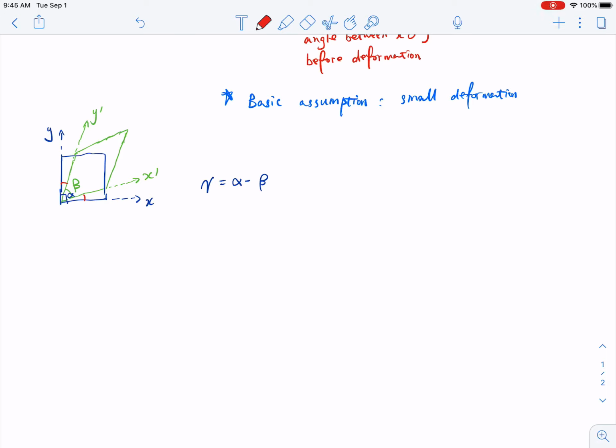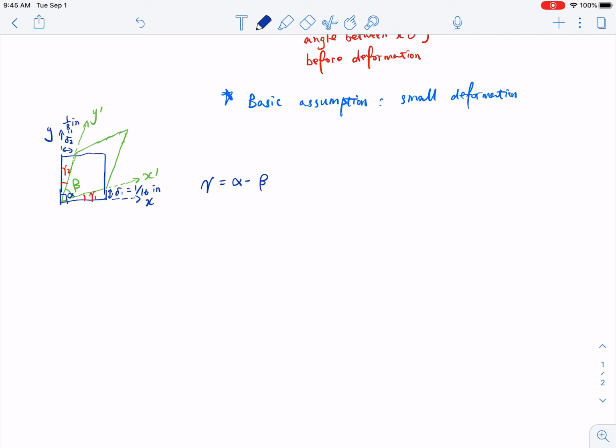Let's call them gamma 1 and gamma 2. If we know these deformations, delta 1 equals 1/16 inch, and delta 2 is 1/8 inch.